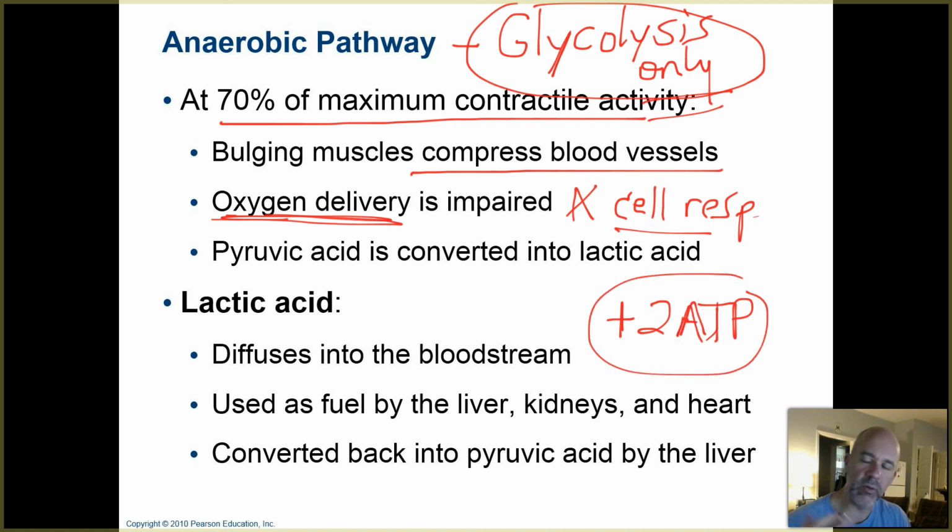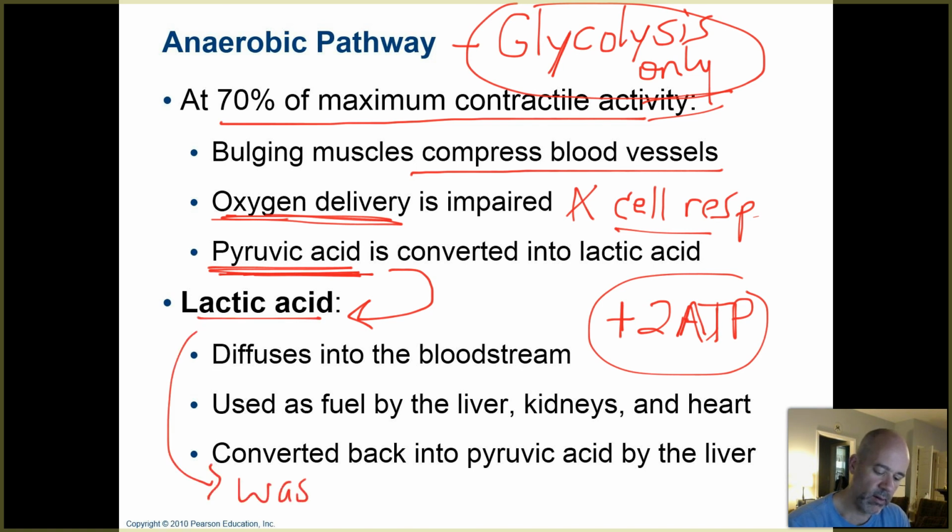And then in order to continue to run glycolysis and generate at least some ATP to support your muscle contractions, the pyruvic acid, that's your output from glycolysis, gets converted to lactic acid. Lactic acid is a waste from this anaerobic pathway.